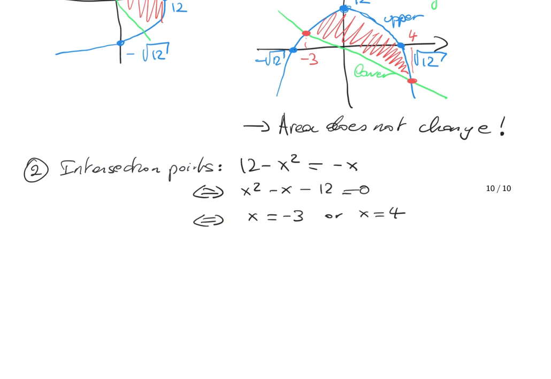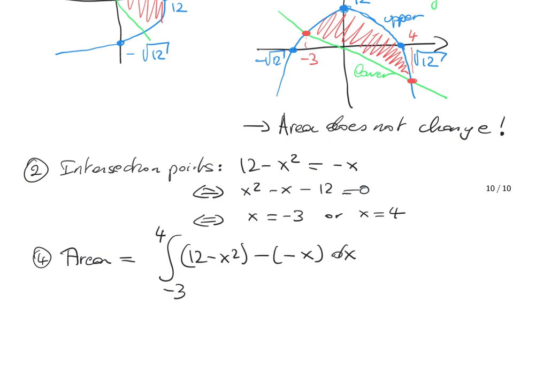The easy part is step number 4, that is the integral. So your area now becomes the integral from minus 3 to 4, upper curve, so 12 minus x squared, minus lower curve, so minus x dx.